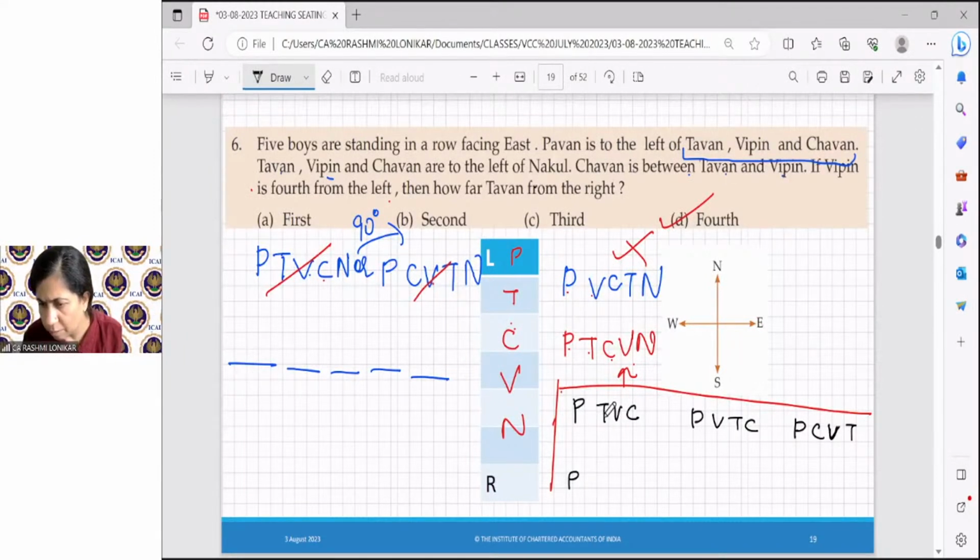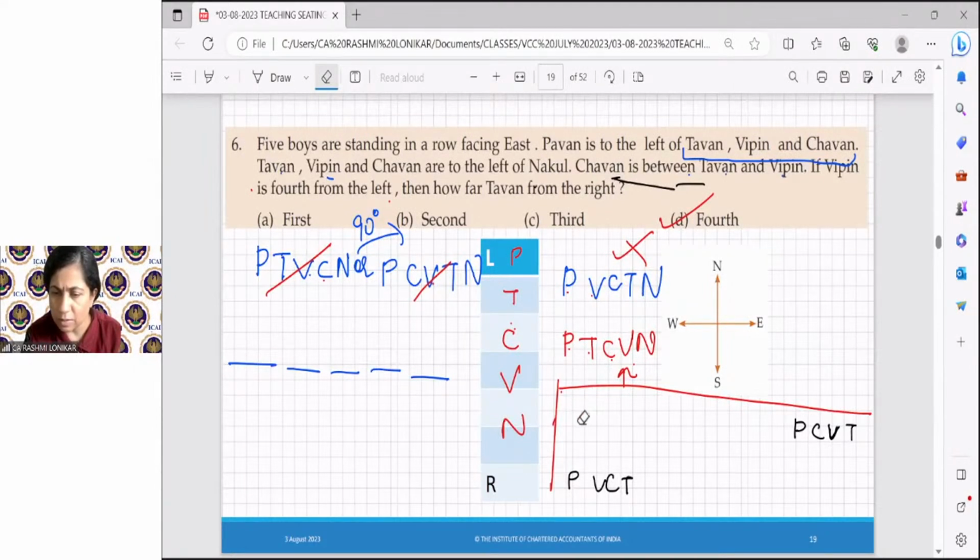You can have TVC, VTC, CVT, P, VCT. But what is very important is Chauhan is between Tavan and Vipin. Once we have that condition, what will be eliminated? So this goes away. This also goes away.